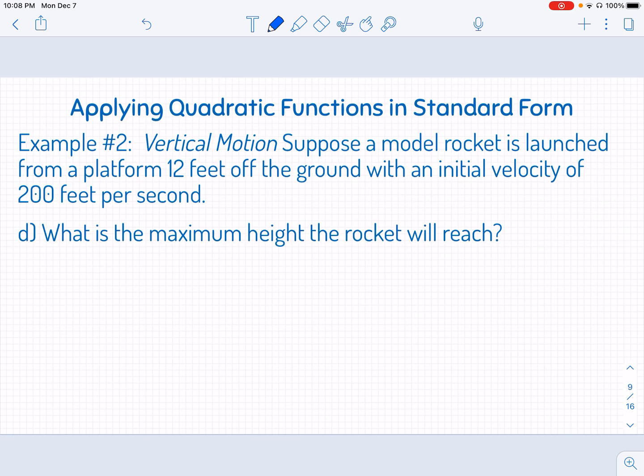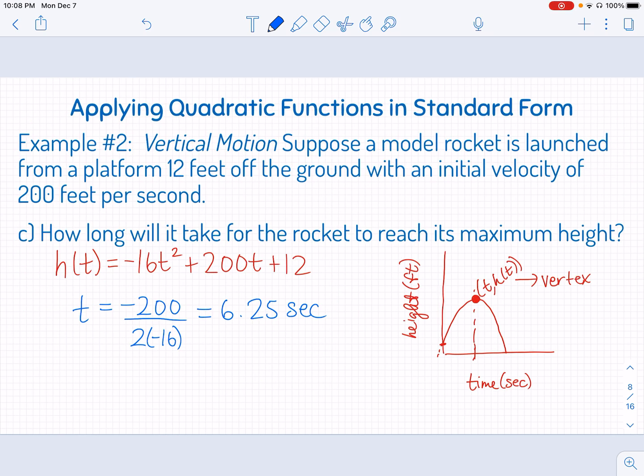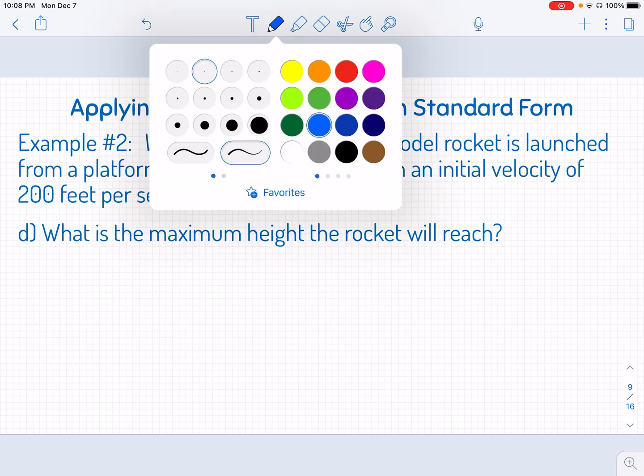So in this problem, it says what is the maximum height the rocket will reach? So if you look back here, we know this is giving us our maximum height, right? So we just need to figure out what is the y part of our vertex, because that's the maximum height. So I'm going to take that 6.25, the axis of symmetry I just found, and plug it into my equation.